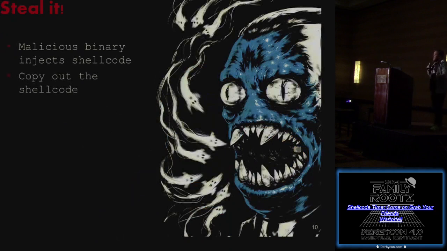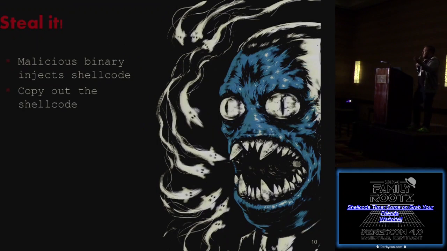Another option, you can steal it. VirusTotal is out there, and you can go and just pull binaries down from VirusTotal. And if you know what you're doing in terms of doing a little reversing, a lot of things actually use shellcode payloads on VirusTotal. So go up there, find the point at which it's using shellcode, and just rip that out and manipulate it to your means.